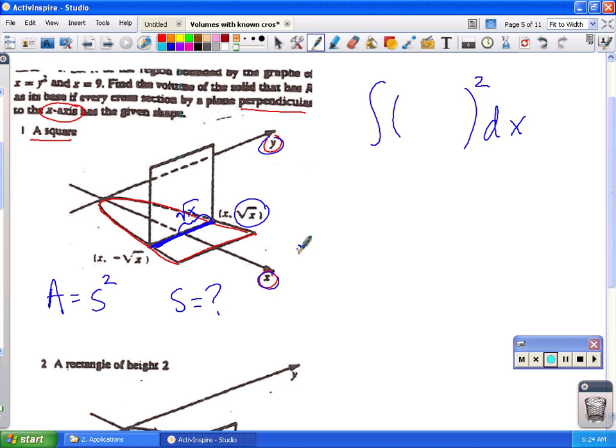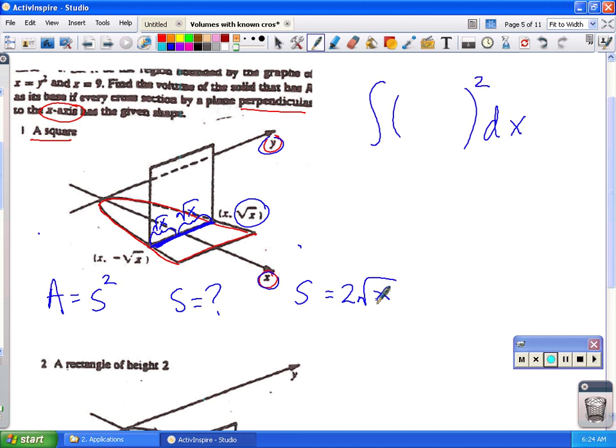And if that distance is the square root of x, then since this is a square, that also has to be the square root of x. So remember, what I was looking for is how long a side of that square is. Well, a side of that square is 2 square root of x.